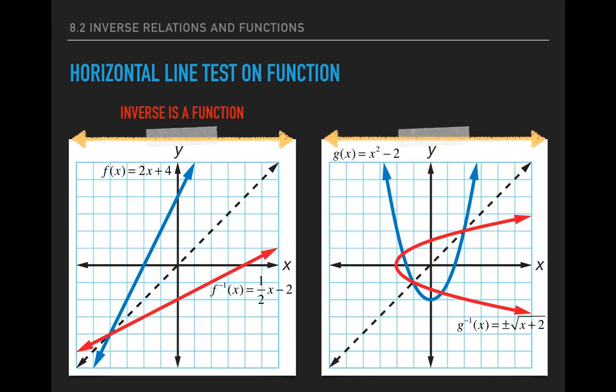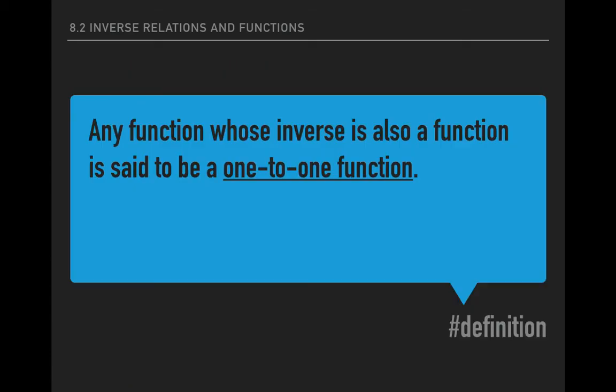Because that horizontal line touched two places on your blue graph, you know that that inverse is not going to be a function. And when you have a function whose inverse is also a function, it is said to be a one-to-one function. So that f function from before is one-to-one.